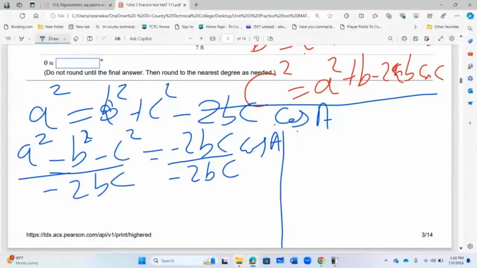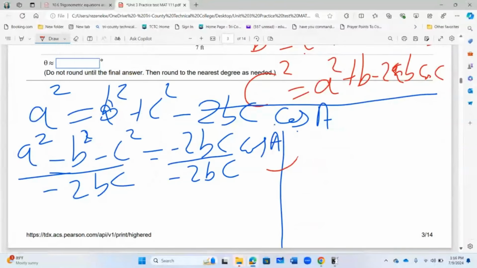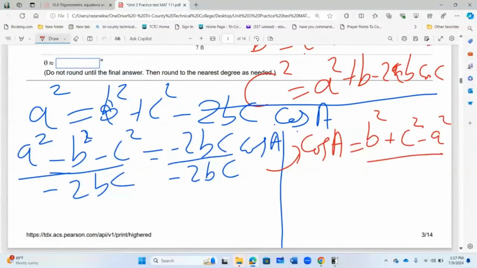So I'll end up having right here the cosine of angle A is equal to, I'm going to change sign in the numerator here. So I have cosine of angle A will be equal to B squared plus C squared, sign change, minus A squared all over 2BC. Okay, so we derived one formula, and from here we are going to find others.